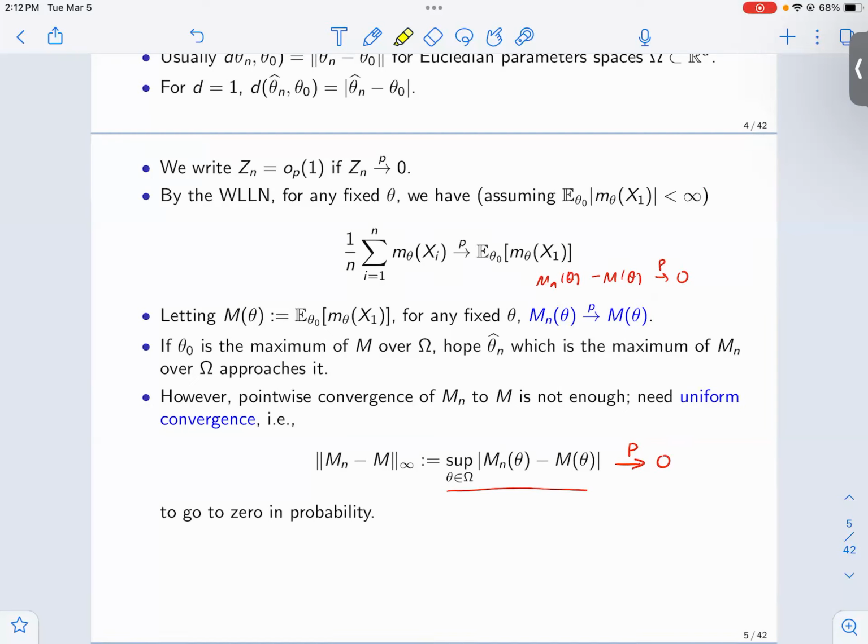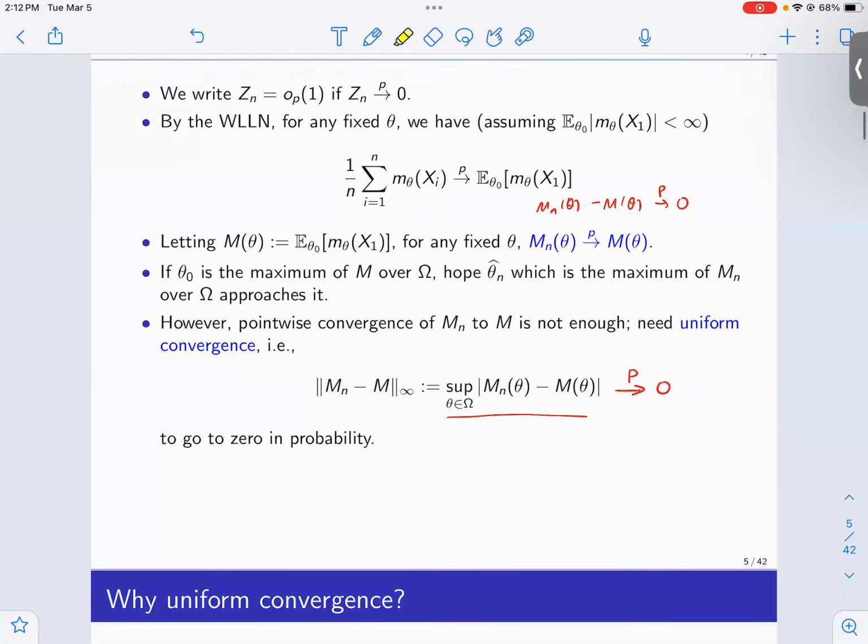And this stronger notion is somewhere actually between this and uniform convergence, but uniform convergence is enough. So uniform convergence means if I look at the worst-case deviation over the entire parameter space. We call this the uniform norm or infinity norm of a function, which is basically the maximum or supremum over all the values of the absolute value.